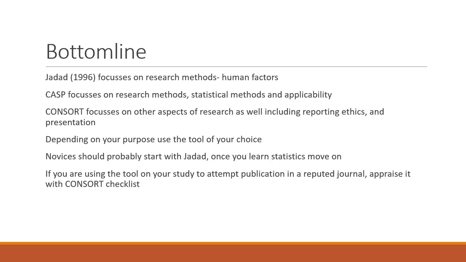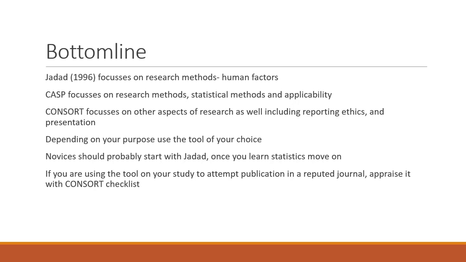Depending on your purpose, use the tool of your choice. Novices should probably start with JADAD. Once you learn statistics, move on to CASP and consort, because you require knowledge to be able to appraise whether the theoretical constructs were appropriate, whether the statistics used was appropriate, and you should also know terminology, as we noticed, effectiveness and efficacy.